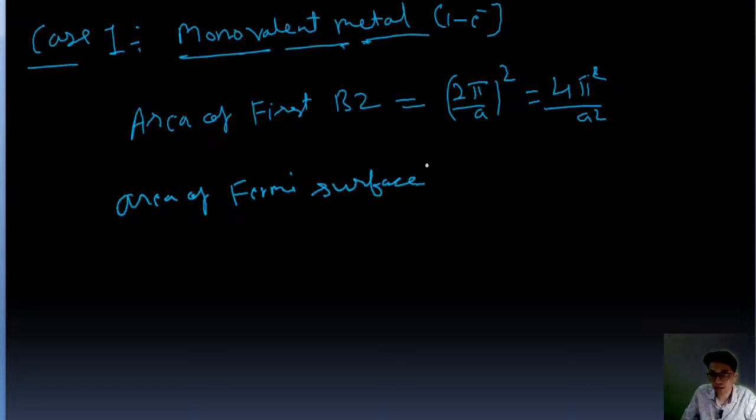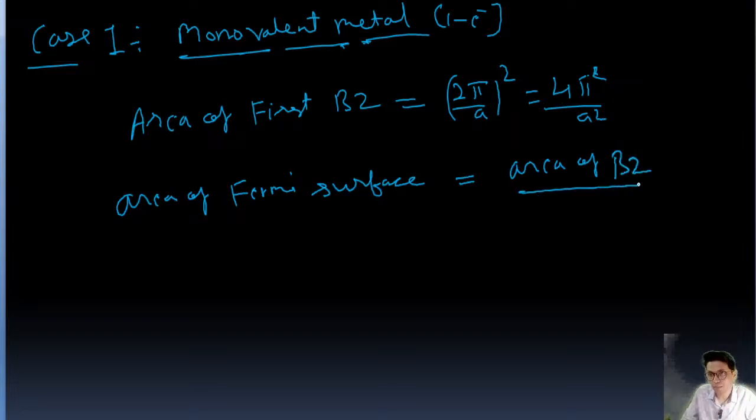The area of the Fermi circle is the area of the Brillouin zone divided by 2. The area of the first, second and third Brillouin zones is the same, that is 4 pi square upon a square. So the area of the Fermi surface is the area of the Brillouin zone upon 2.